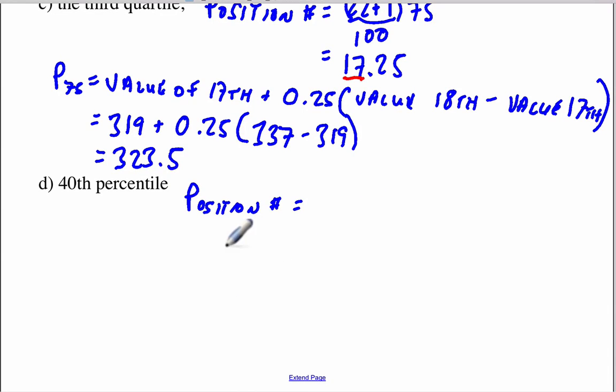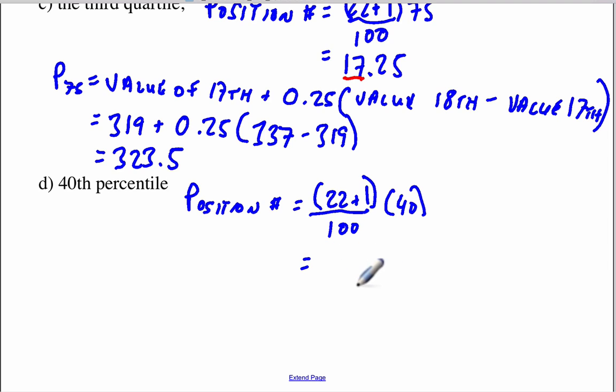Right, so what we're going to do now is calculate the 40th percentile from the array we had above. To determine the position number, we're going to use 22 because we have 22 samples in our array, and over plus 1 over 100 times 40 to represent the 40th percentile.